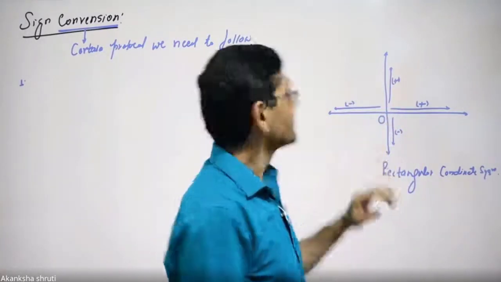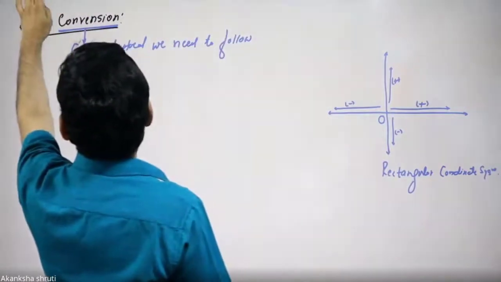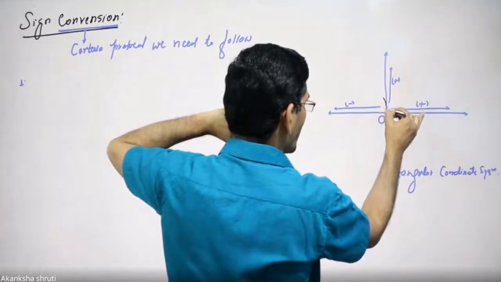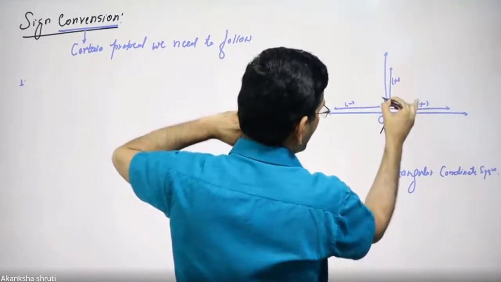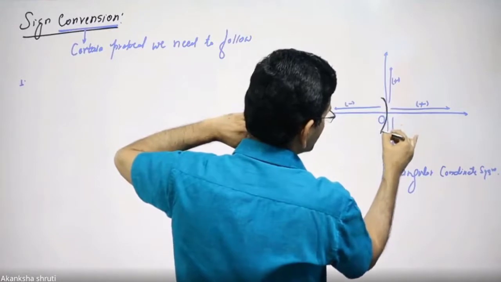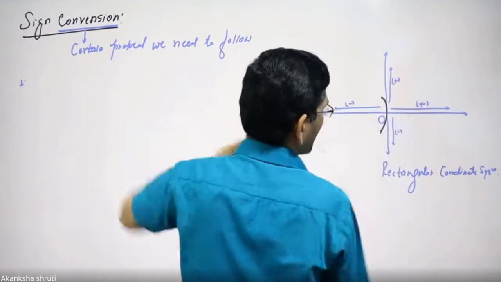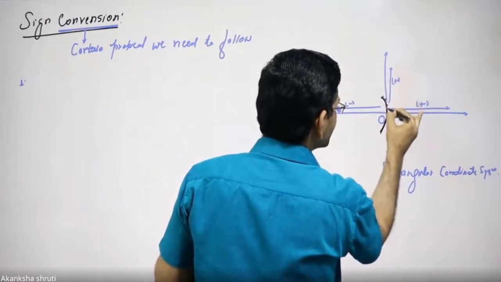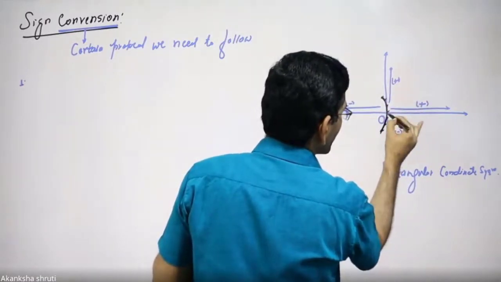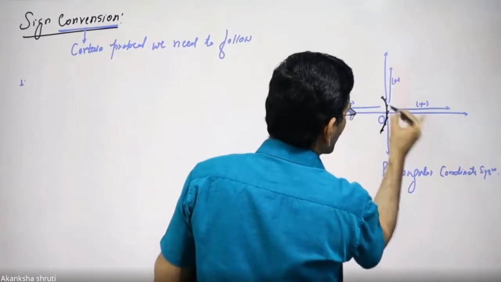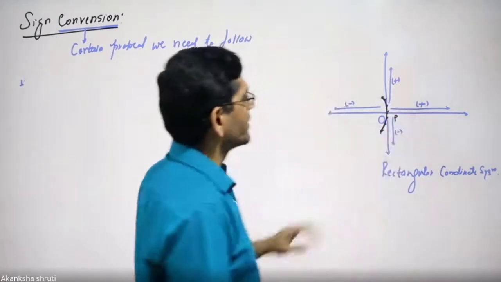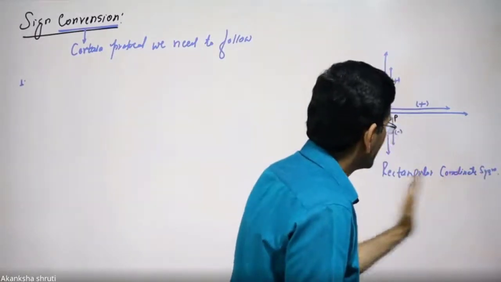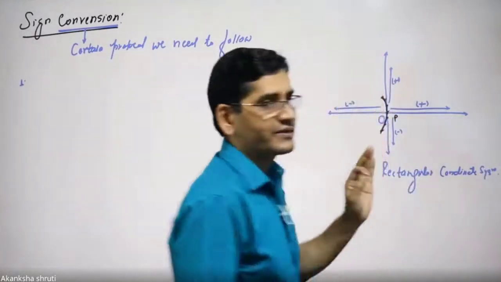But here the convention is that you must place your mirror at the origin, meaning the pole of the mirror must coincide with this origin. Then the signs of the mathematics coordinate system are applicable in physics also.